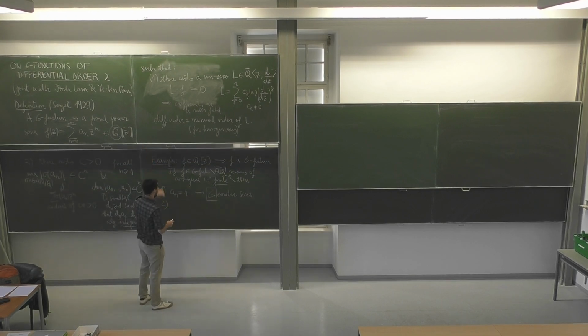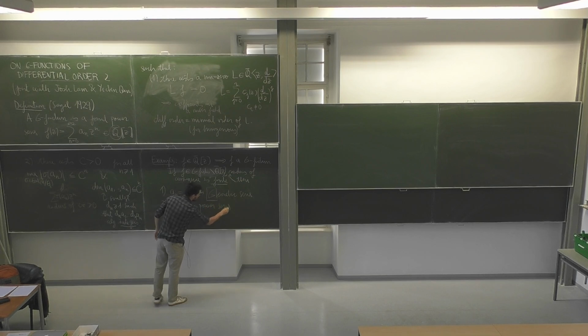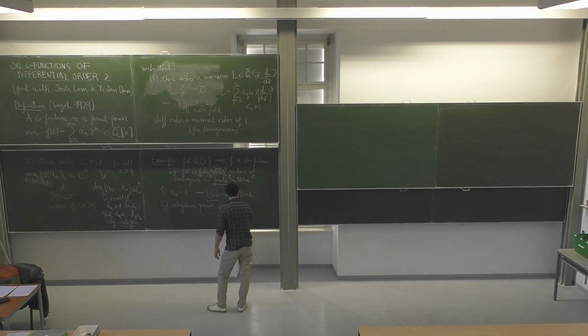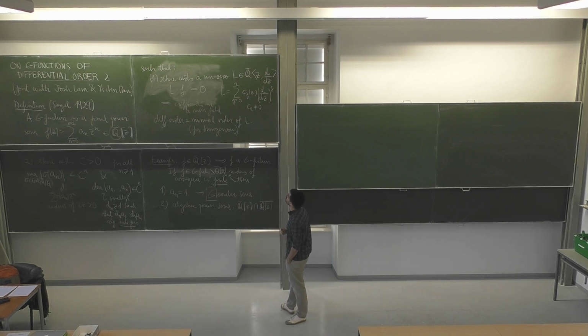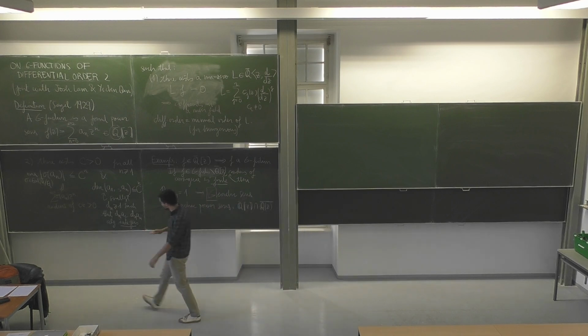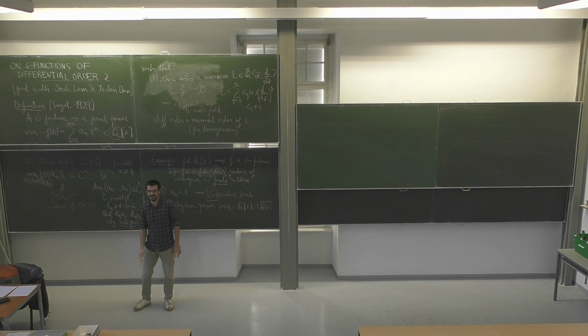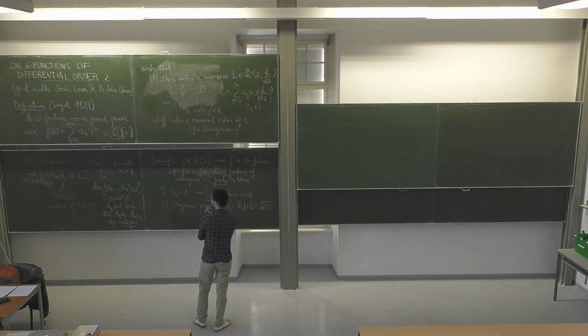Another example are algebraic power series. So if you take a power series with algebraic coefficients, and you assume that it is algebraic over the field of rational functions in one variable, then it is a G function. Showing the existence of a differential equation is not that hard. It's maybe more classical.